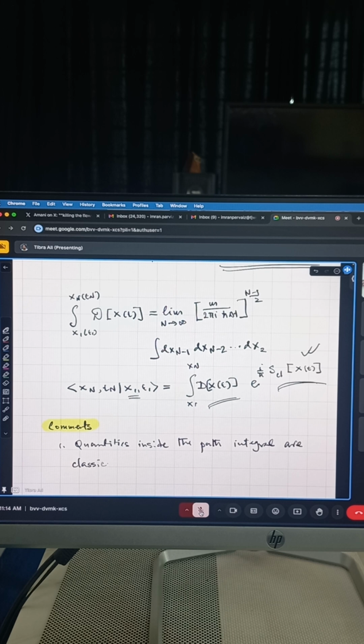So the quantum nature of the path integral really comes from this measure. This measure is really doing the heavy lifting to make this thing quantum. But everything else inside is just a c-number quantity. It's not an operator or anything.